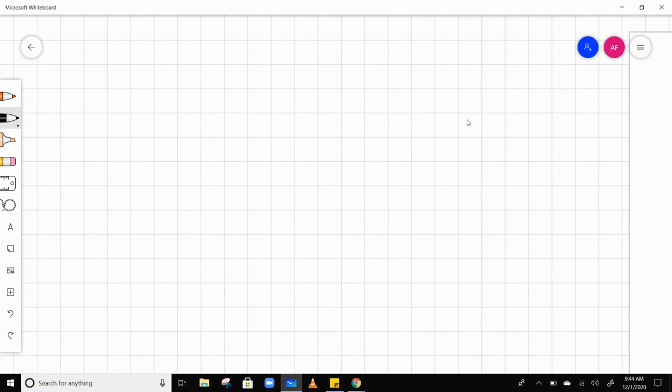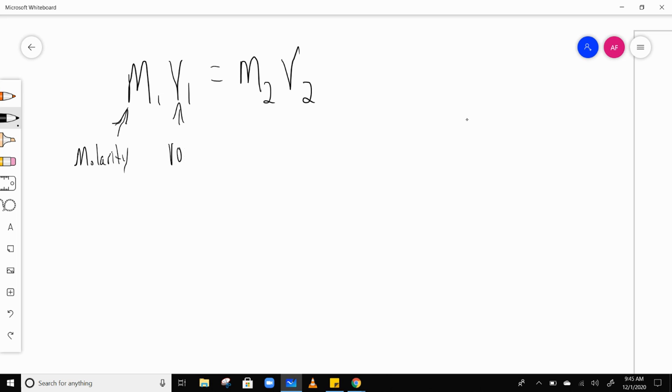And that formula is M1 V1 equals M2 V2. M stands for molarity, and V is volume.